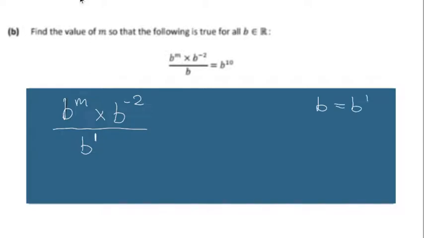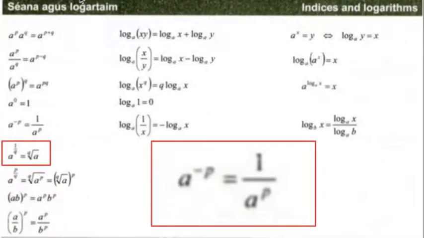Let's look up the relevant rule now, because we need to bring up the b. So if we go to this log rule, we're going to zoom in on that one, and that means that if we have a power down here we can bring it up and change the sign.